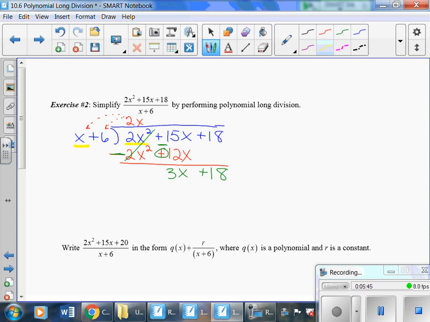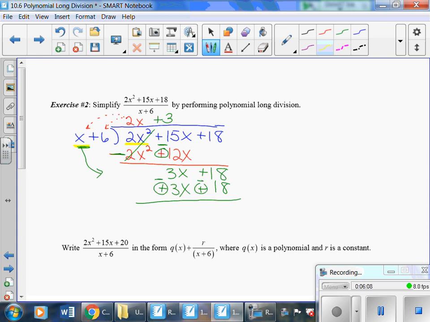All right, so now we say our x again here goes into our positive 3x plus 3. And now multiply it. Positive 3 times x is positive 3x. Positive 3 times positive 6 is positive 18. And now we subtract.